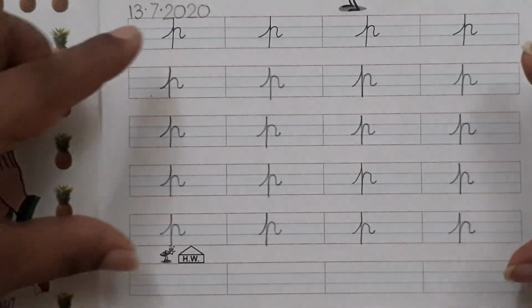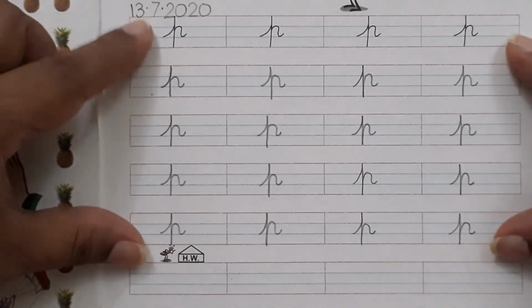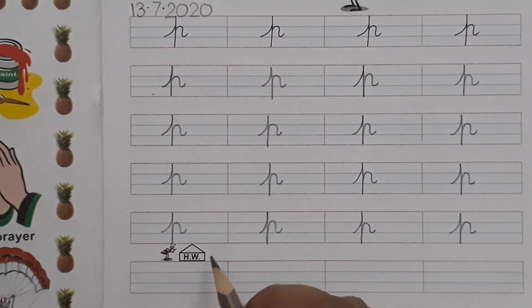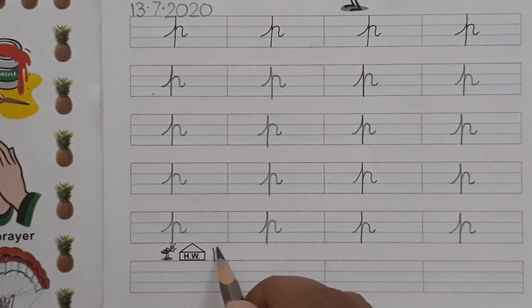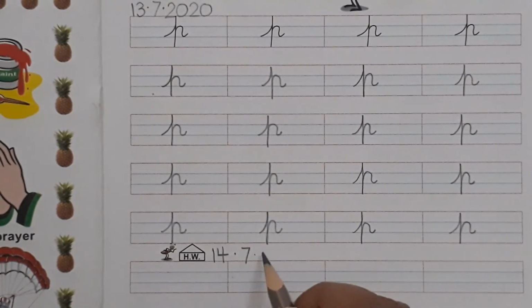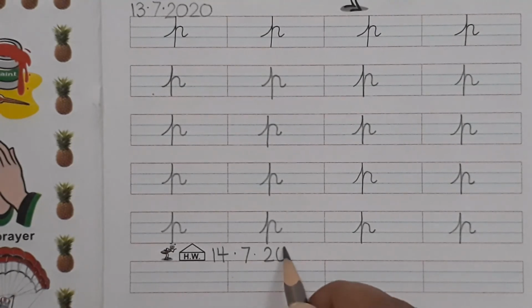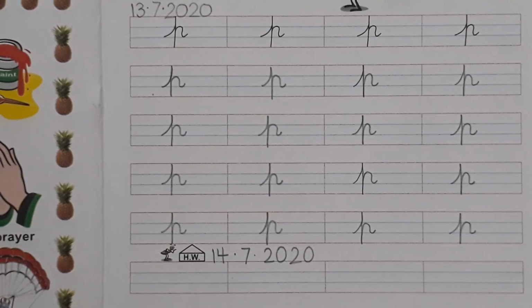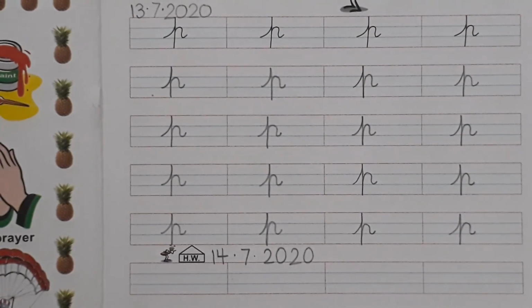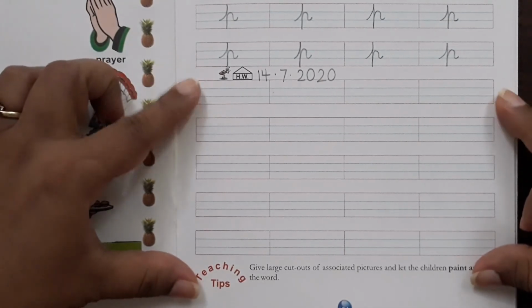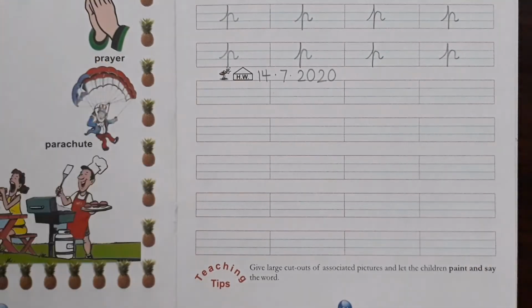So today I will only complete this half page. I will write 4 times this half page, and for tomorrow, that is 14.7.2020. 2020. Okay? So this half page I will write tomorrow. Alright, children?